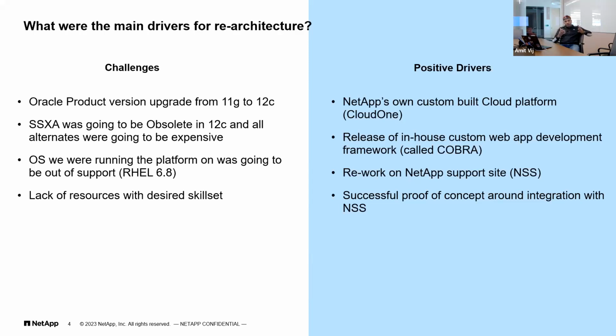Basically, there was money out of pocket that had to be put in to complete the re-architecture. The underlying OS where we were running our platform was Red Hat 6.8, which was also out of support, and we were on extended support.